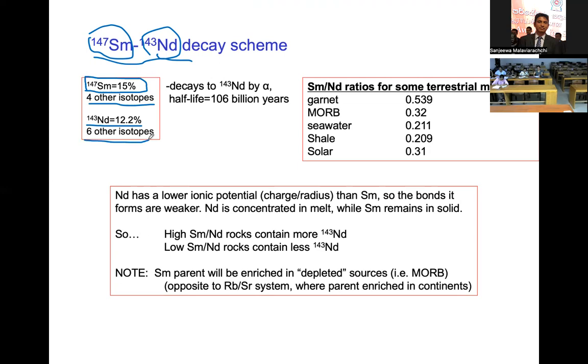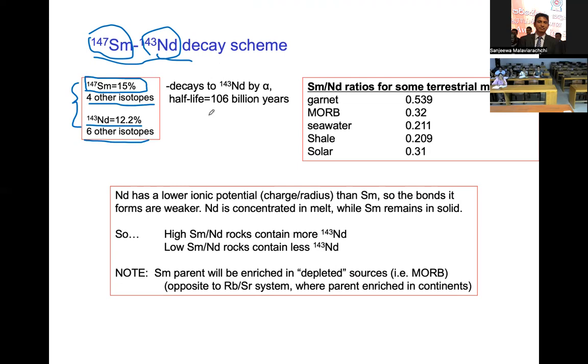In our situation, we are using these two isotopes as parent and daughter. And to get the ratios, like in the rubidium-strontium system, you can remember we divided these parent and daughter isotopes by a stable isotope, right?